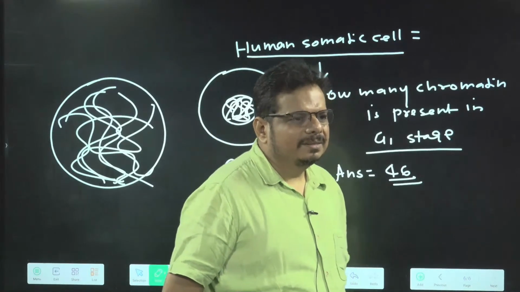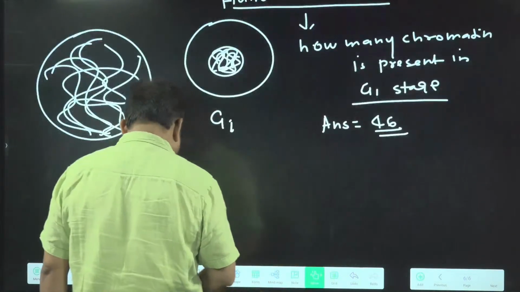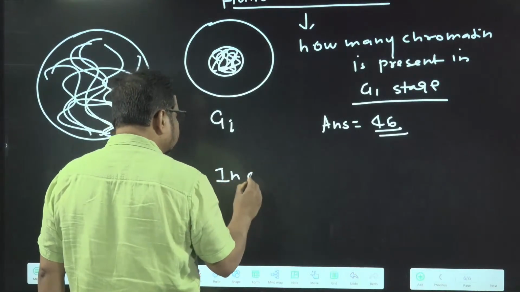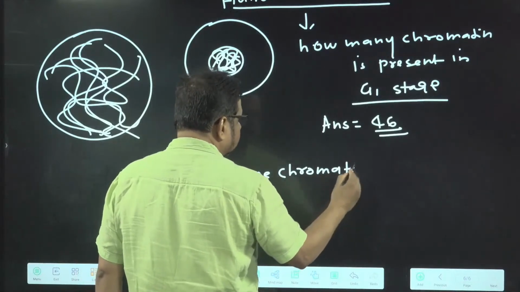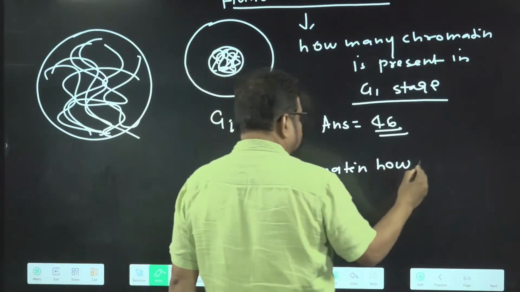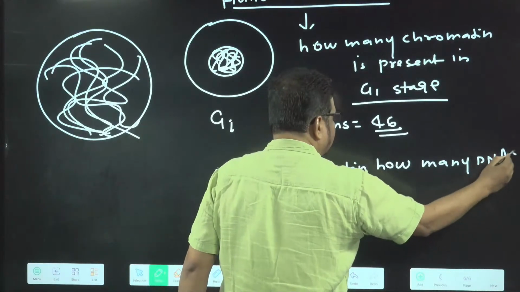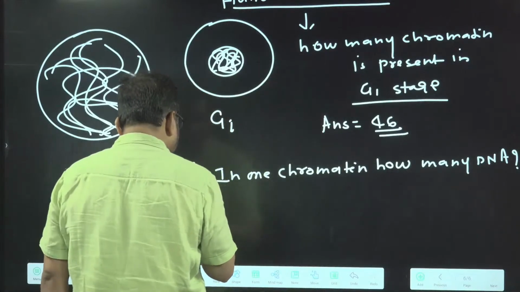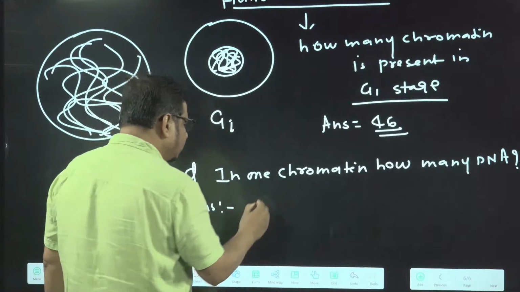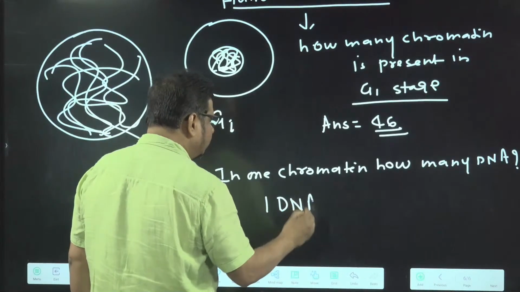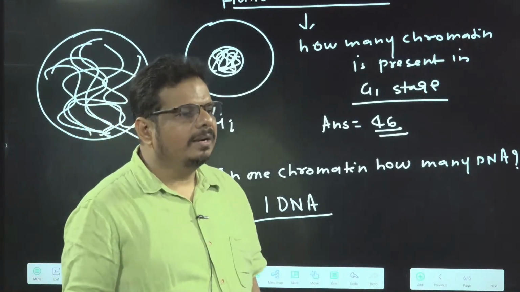Now I am asking, in one chromatin how many DNA are there? Answer this question. Very good answer. In one chromatin, one DNA is present.